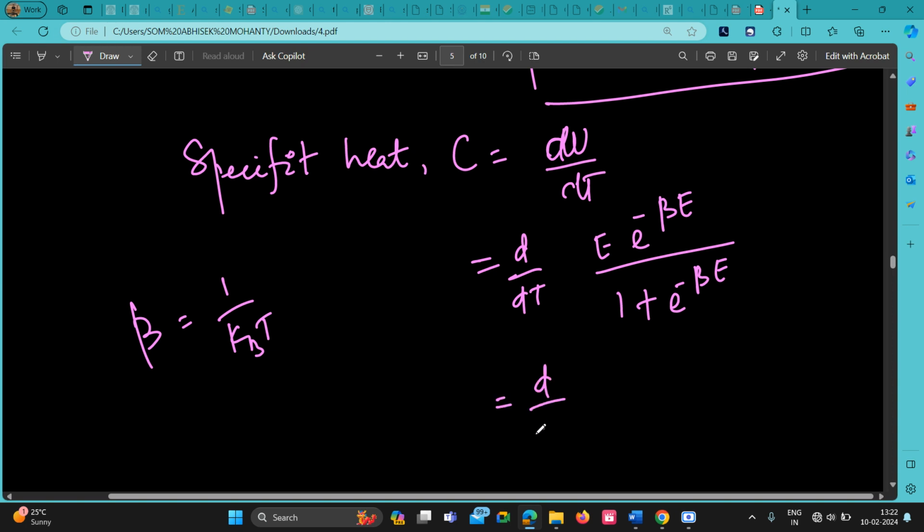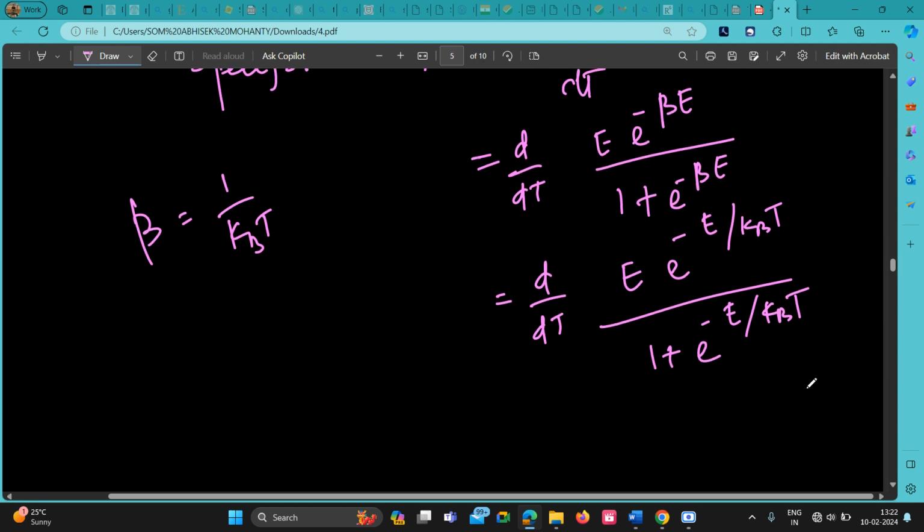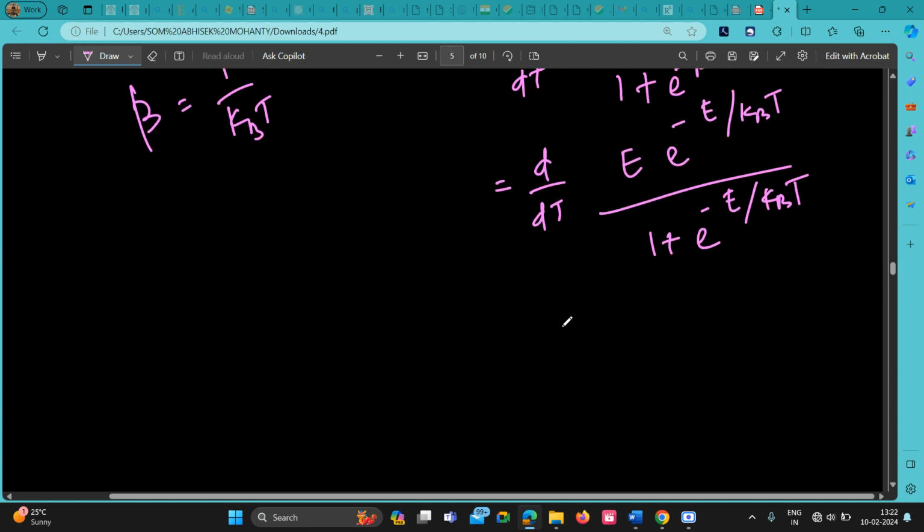So d by dT of e to the power minus E by kBT over 1 plus e to the minus E by kBT. Now we have to take the derivative.